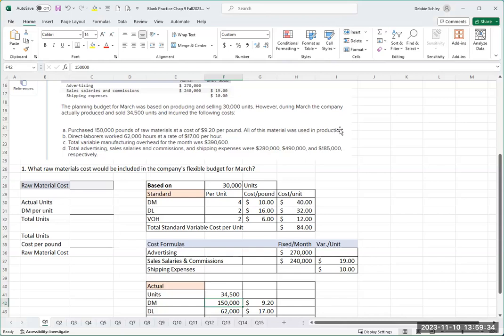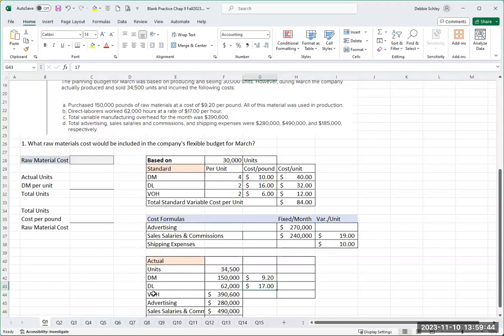All of this material was used in production. Direct laborers worked 62,000 hours at a rate of $17 per hour. Total variable overhead cost was $390,600.